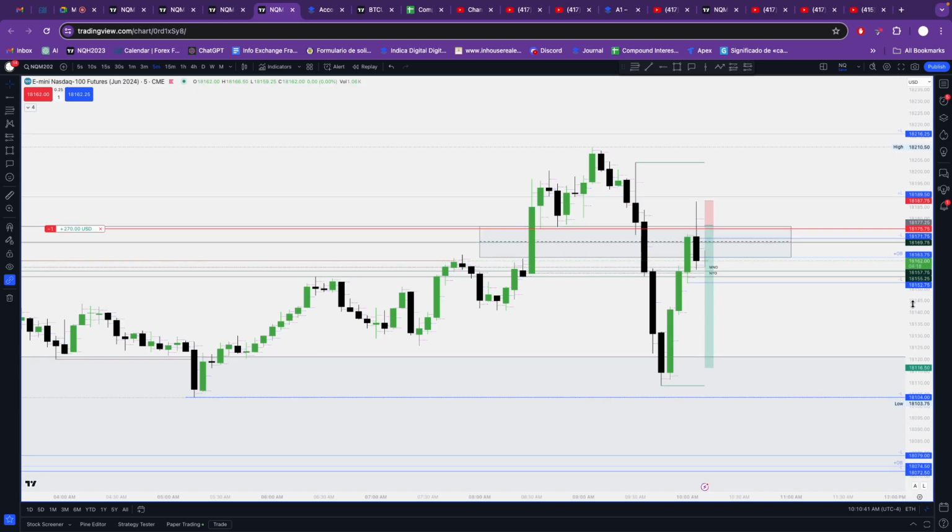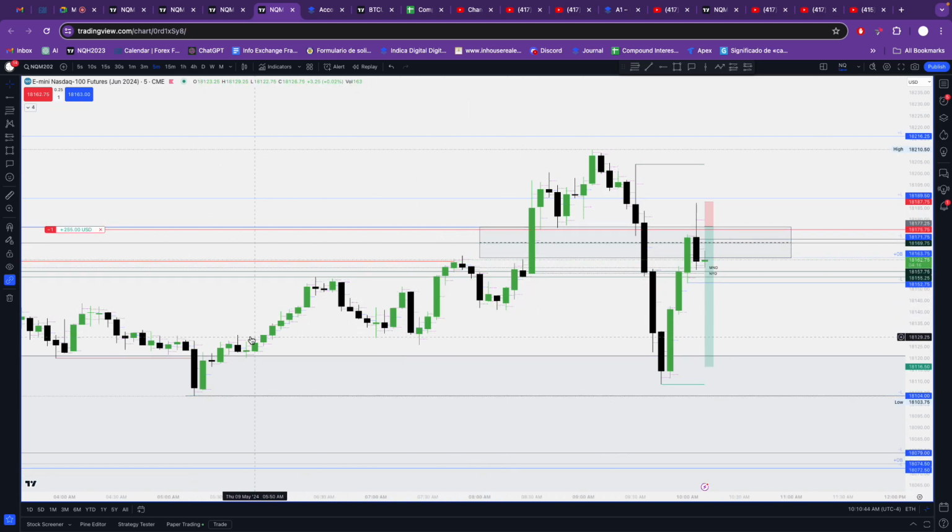So where is our breaking structure here on the five? Looking on this side of the curve. Here? Yeah, right here. Market structure shift.